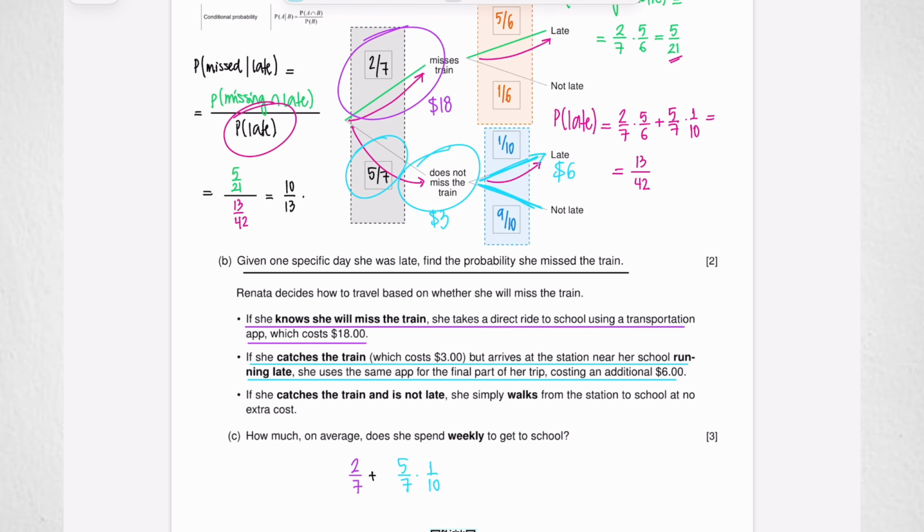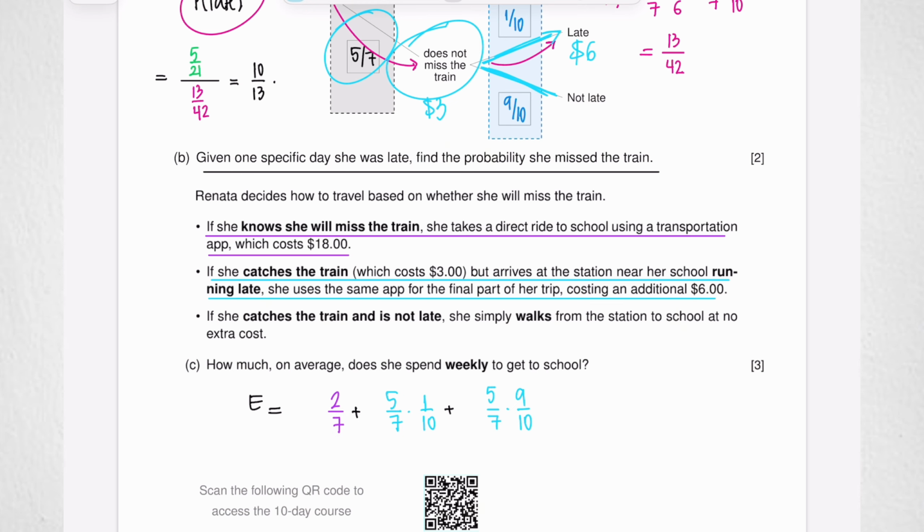And to find the expected value of the cost, we are multiplying each probability by the cost associated to it. So in this case, for example, 2 over 7 costs $18. 5 over 7 times 1 over 10 will cost $9, which is the train ride plus the transportation app ride, which is 6, or only the cost of the train ride, which is 3.